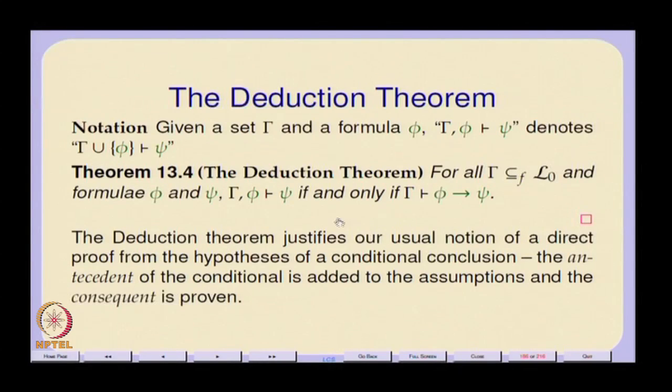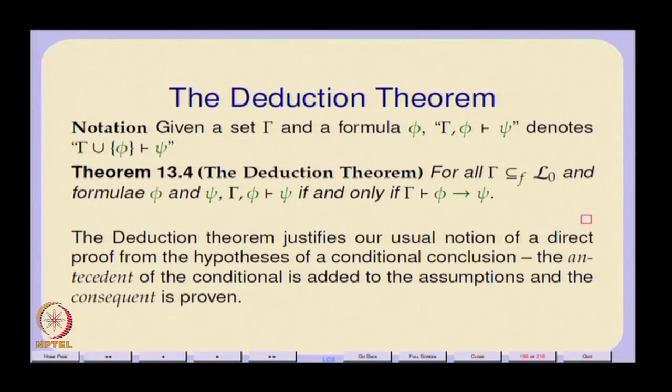is called the consequent. So, it allows you to move the antecedent as an assumption and prove only the consequent. Okay. And of course, this deduction theorem, the way that we have proven it, is an if and only if, a characterization.